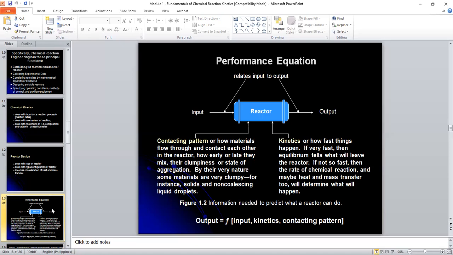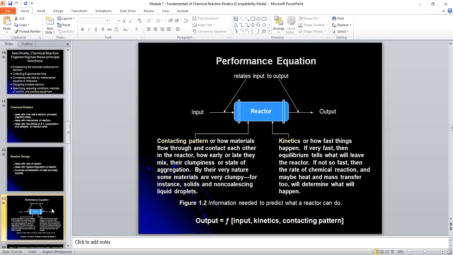Your performance equation, simply put, relates the input to the output. Okay? In terms of the input, you have to add with it the contacting pattern, or how materials flow through and contact each other in the reactor. How early or late they mix. Are they clumpy or are they in the state of aggregation?